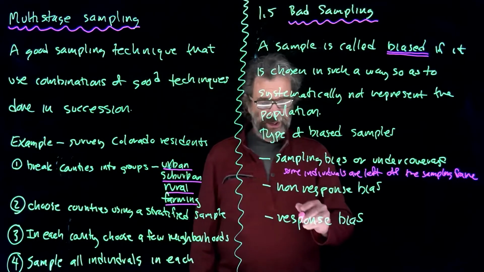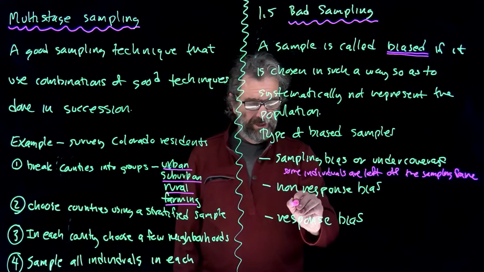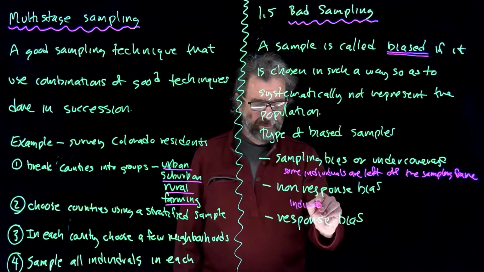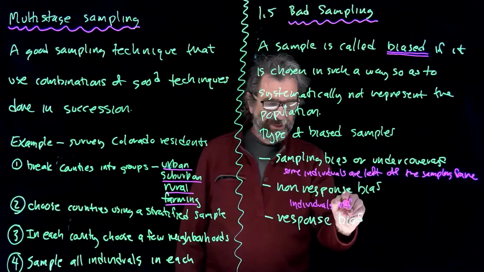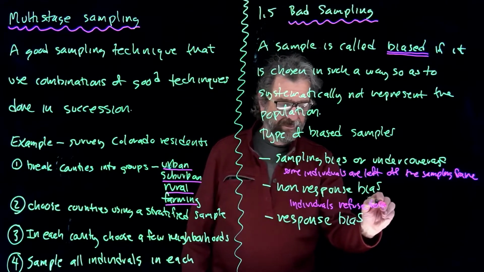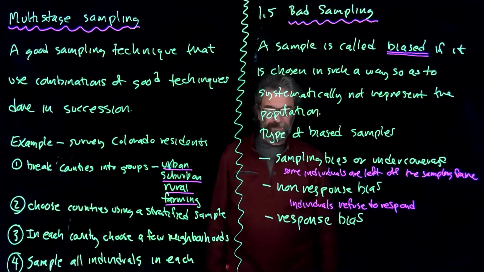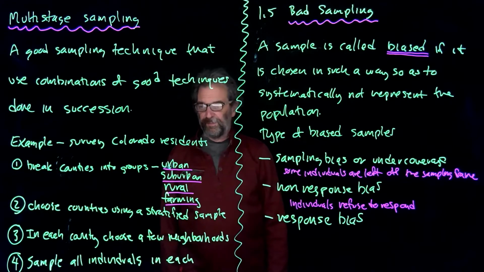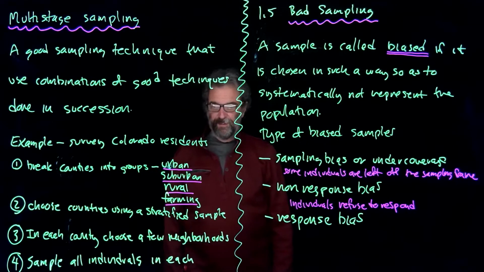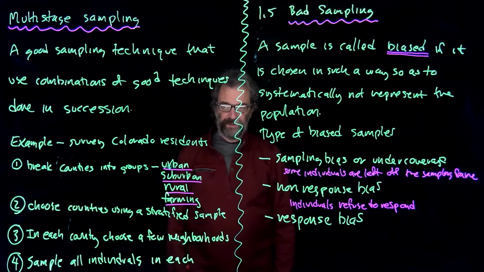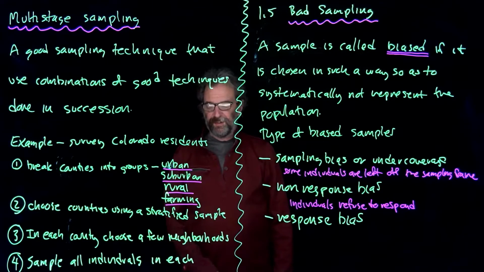Non-response bias, this happens when individuals refuse to respond. Like me, I'll refuse to respond to a sample. I won't pick up my phone. I won't allow someone to approach me at the mall. They say, "Can I have a few minutes of your time?"